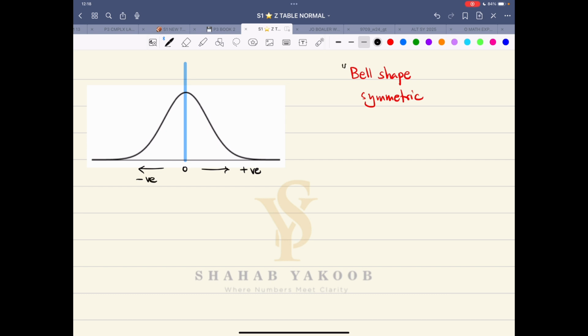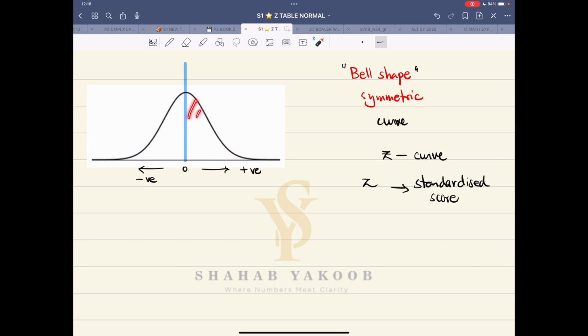It's a bell-shaped symmetric curve, and this is known as the Z curve. By the way, Z stands for standardized score, and we will soon talk about it. Now, since it's a symmetric curve, that means the area to the right should equal the area to the left of this vertical line.